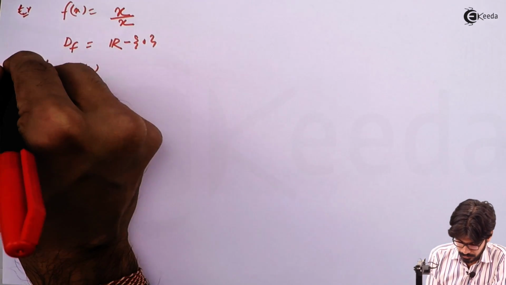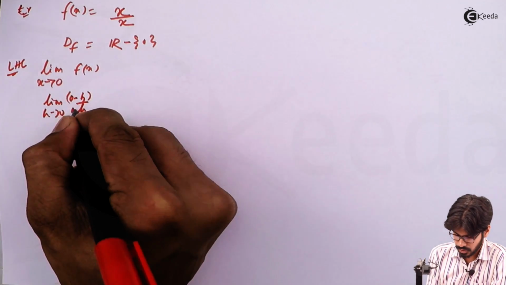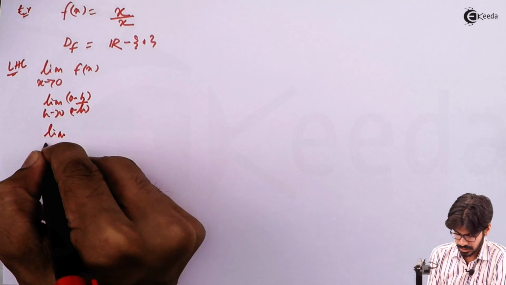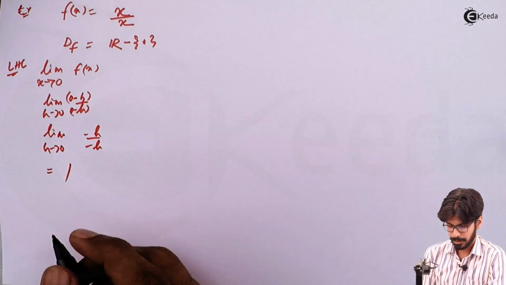If we consider this as the left hand limit, this will be 0 minus h upon 0 minus h, hence limit h tends to 0 of minus h upon minus h, that is equal to 1.